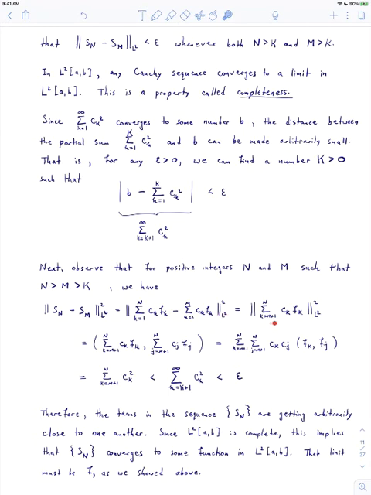So that's equal to the norm squared of the sum lowercase k equals capital M plus 1 to n of ck fk. But again, this is the norm squared, so you can write that as the inner product of the function with itself. And once again, you use bilinearity. And once again, we have ck cj times the inner product of fk with fj.